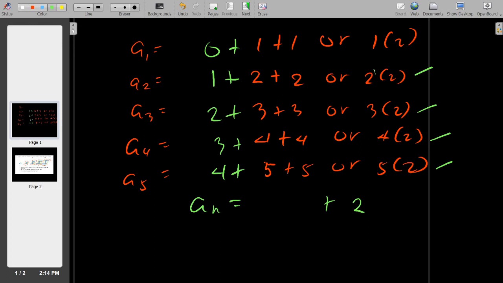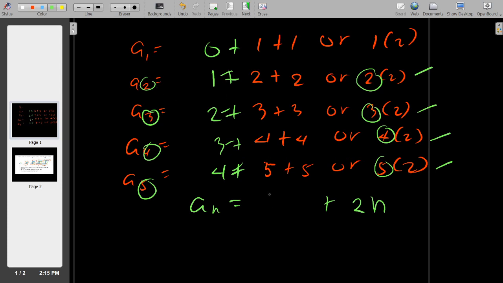And notice that we have here 2, 3, 4, and 5. It's the same with the subscripts 2, 3, 4, and 5. So we can write this as n. And here you have 1, 2, 3, 4. Notice that this is 1 less than n, or 1 less than the subscript.